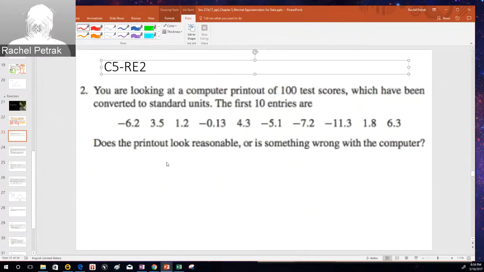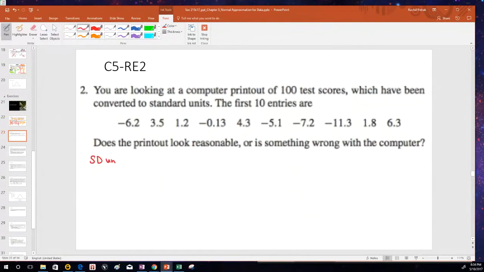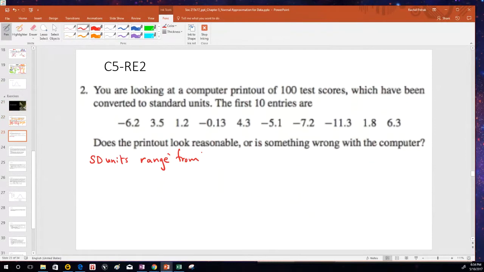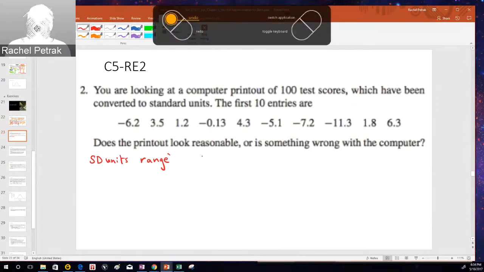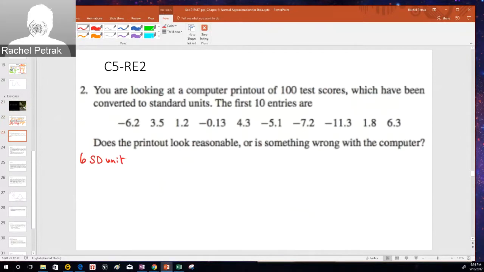The first thing to think about is, what do we know about the range of standard units? Well, as discussed previously, standard units could technically have an infinite range, but let's say it like this: 6 standard deviation units typically encompasses a whole distribution.